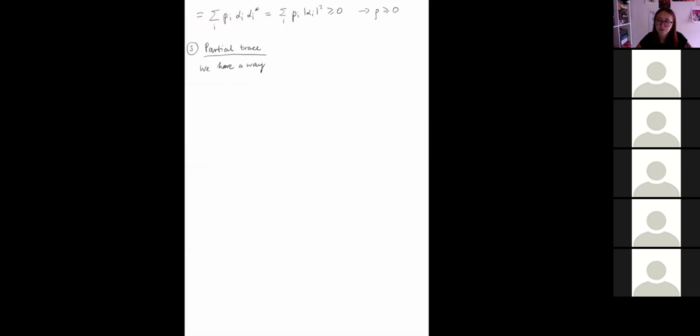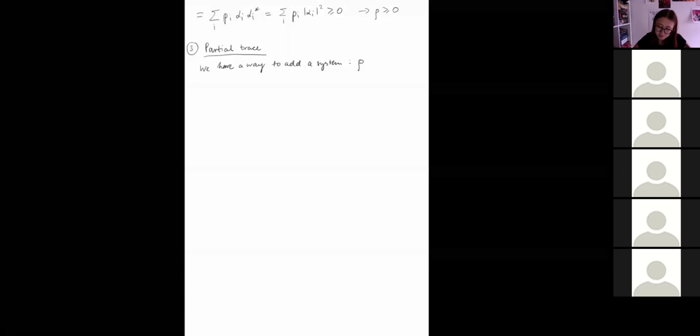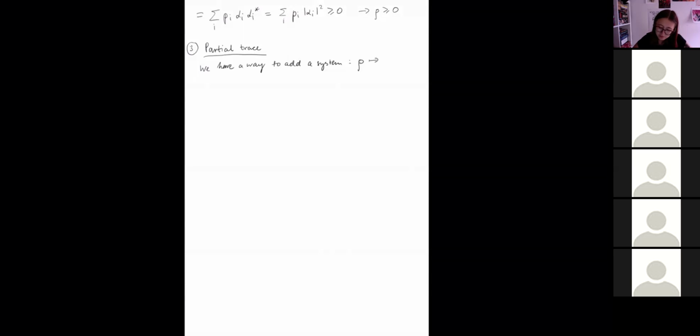Imagine that you're considering a system S, and then we also want to add some other system, for example, X. Then the way to do it is to just use the tensor product mechanism. So if we start with the system rho, then we add another system in terms of tensor product.